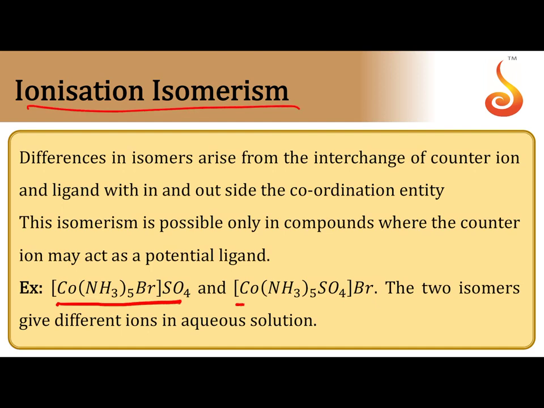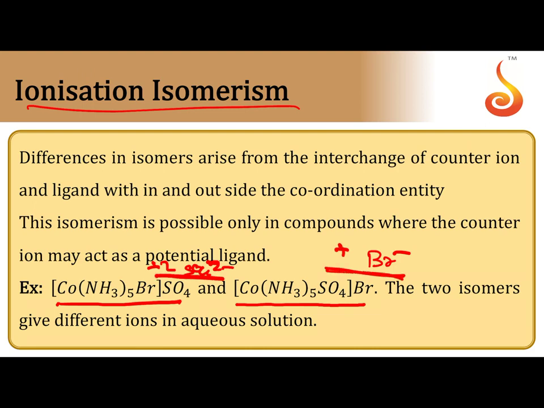If you observe these 2 complexes, both have the same molecular formula, but they are different in their color, properties, etc. When the first one is dissolved in water, it gives sulfate anion and a coordination sphere with 2 units of positive charge. When the next one is dissolved in water, it produces bromide ions and a coordination entity with 1 unit of positive charge.